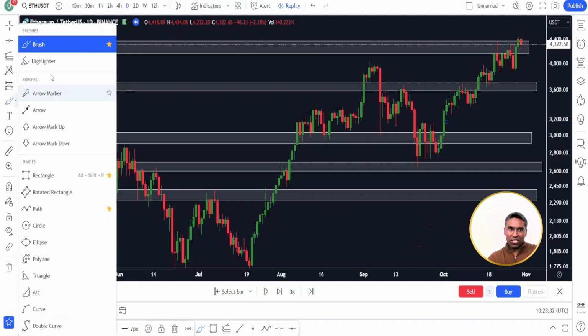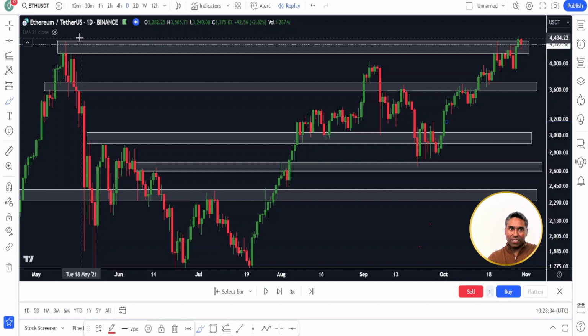For example, in this one, this is an area where the price is rejected. Same way here, but here the price is being supported. So if you draw boxes like this on your chart, it's a better way than the previous one.